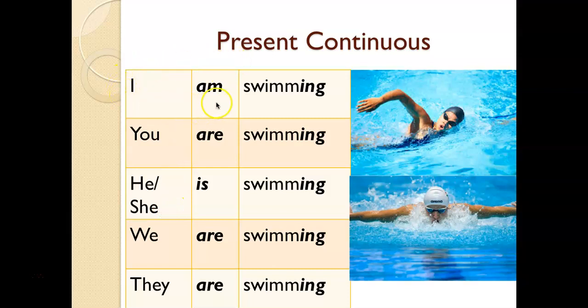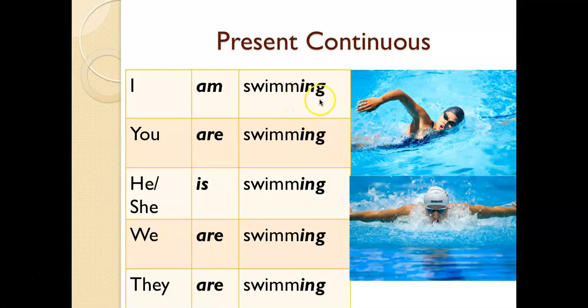As you can see here, I, the be verb is am. It goes together, those two all the time. He is, she is, that would go together all the time as well. The only ones that are the same would be you, we, and they.